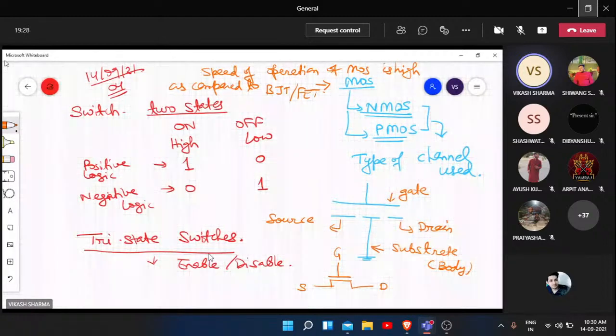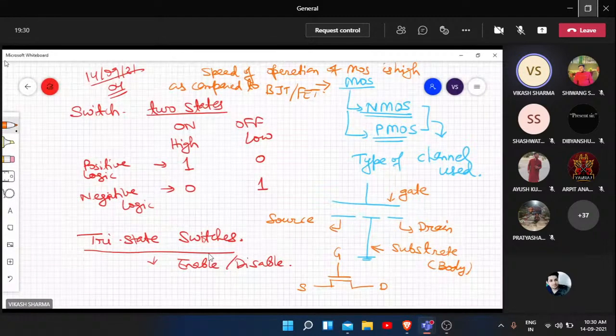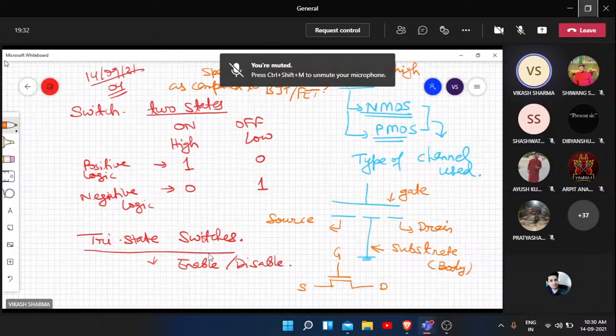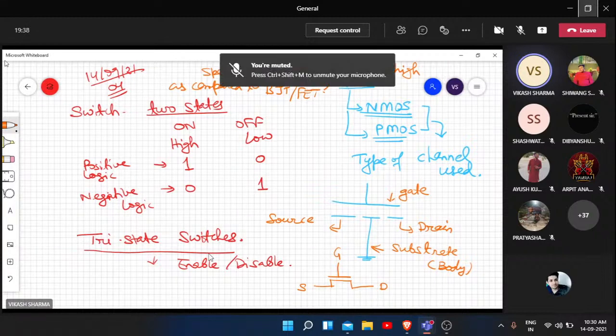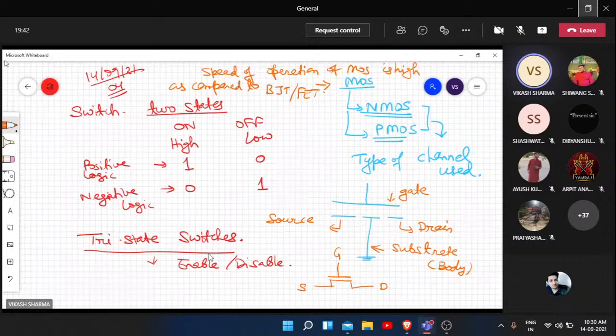Then also we talk about the gain bandwidth product. We talk about the input impedance and output impedance. So these are some of the parameters that we consider before picking a particular device. So we go by MOS.